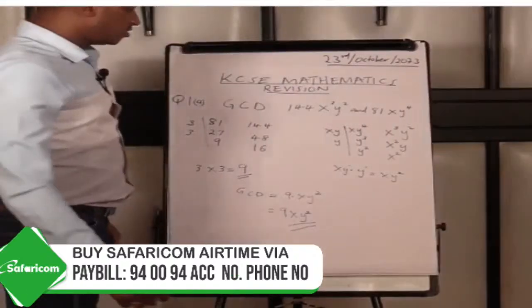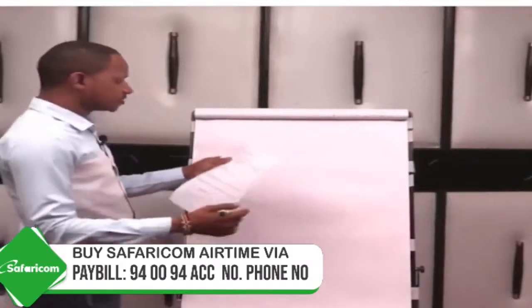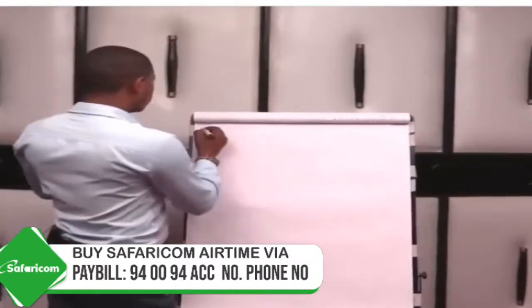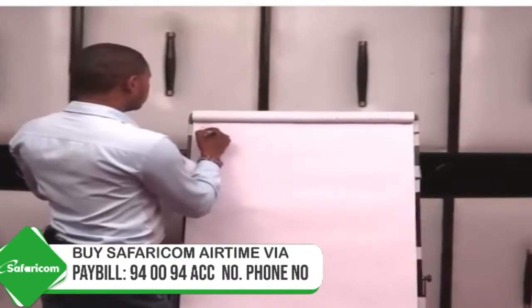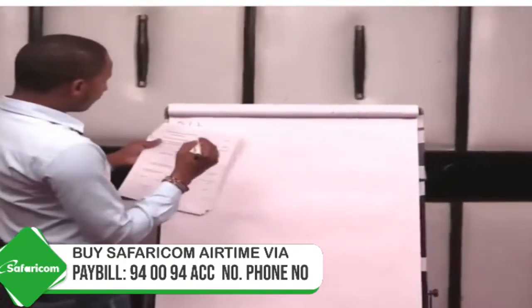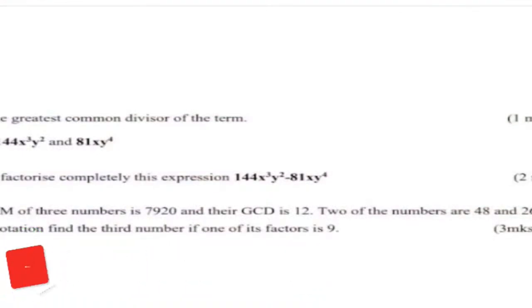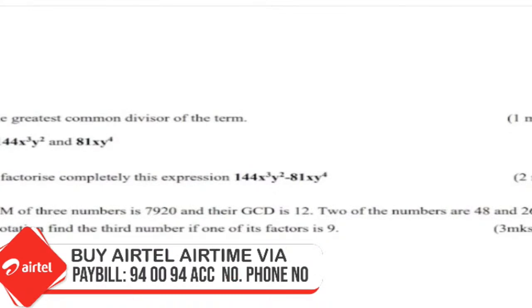So that is the GCD. The next question, there's a part B of that question, question 1b, which tells you, hence factorize completely this expression: 144x cubed y squared minus 81xy raised to power 4.